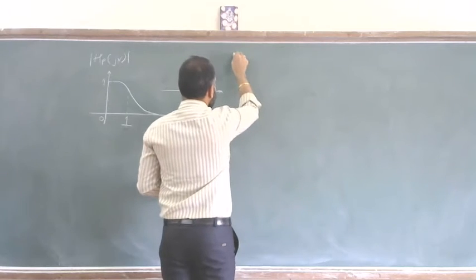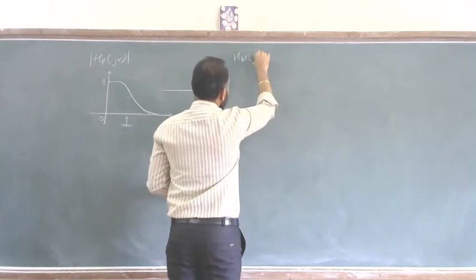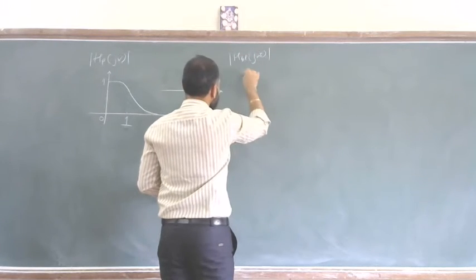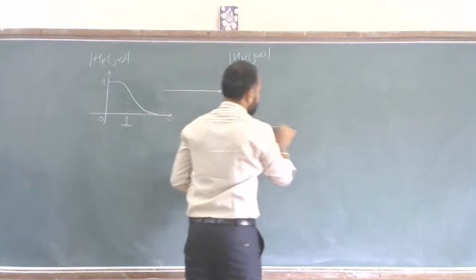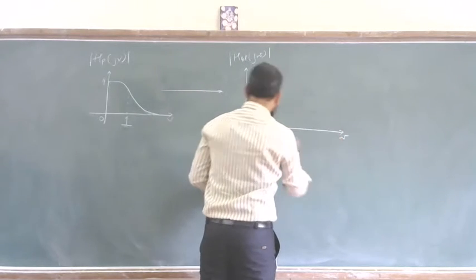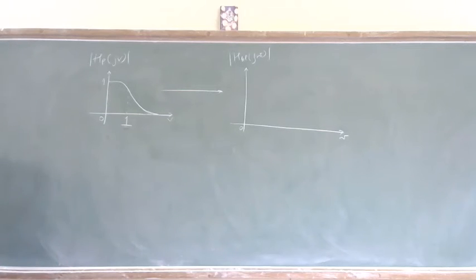if we want to have a band pass, let's say HBP of j omega.